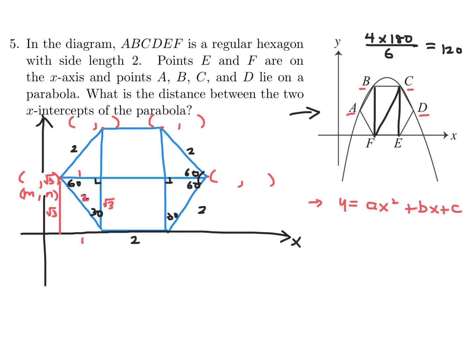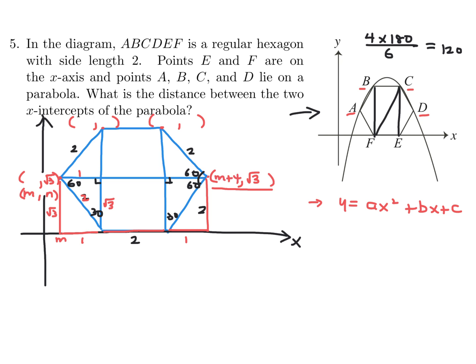This right here, over here, also has root 3 as a y coordinate. And since we're going from M, if this was M, we're going 1 and then 2, and then this is also 1. So we're going M plus 4. So this is M plus 4.